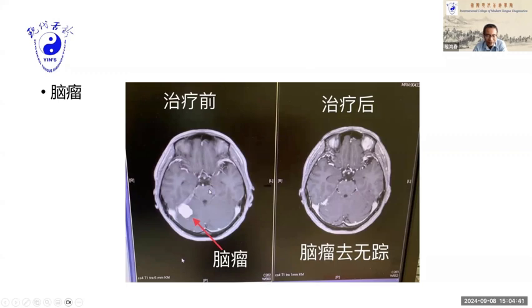This patient is from Germany, and the professor in charge of her treatment told her, okay, I can't find your brain tumor now. Initially he suggested she go for operation, but the patient refused. Instead, she used Chinese medicine treatment, and after 2 years, the result is really good.